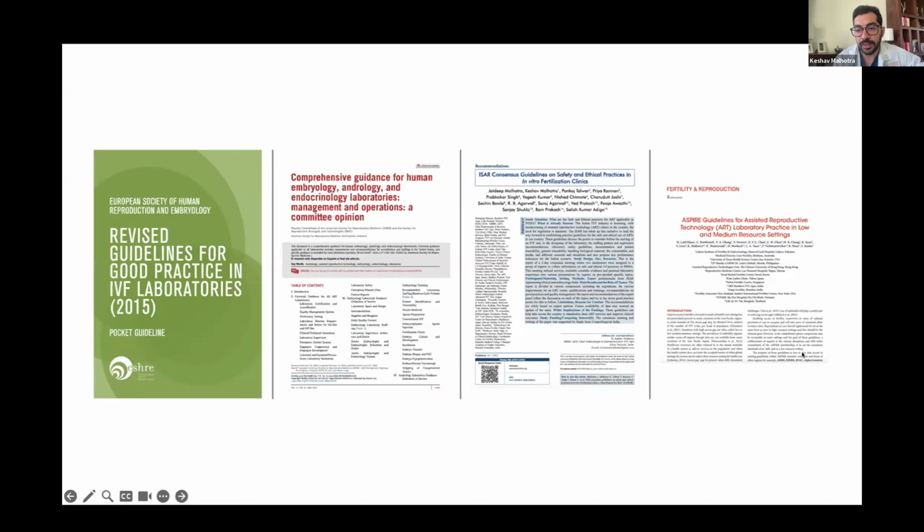And then we did a similar exercise with Aspire, where we talked about lab practices for low and medium resource countries, and again, minimum standards of care for those countries. So all of these 4 publications can give you a lot of insight into how to design a laboratory for your own country, and for your own region.